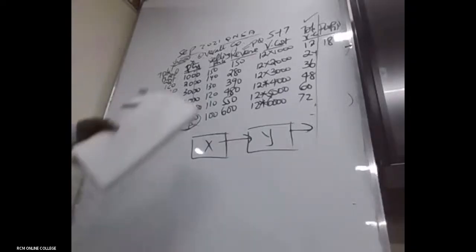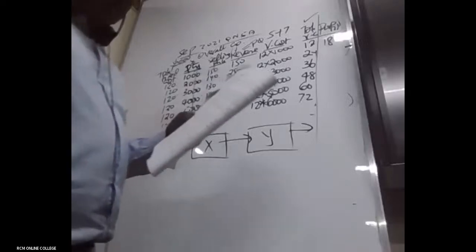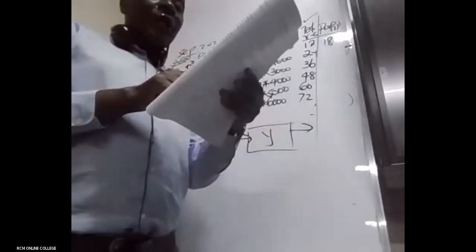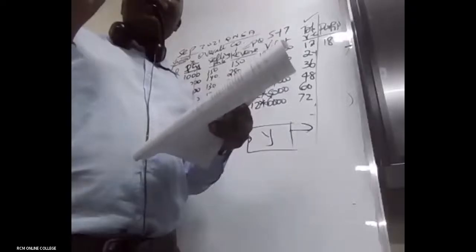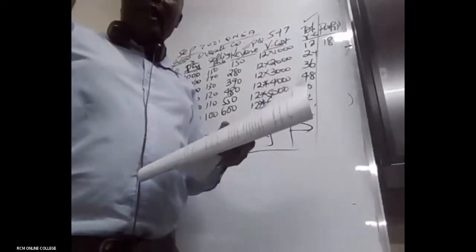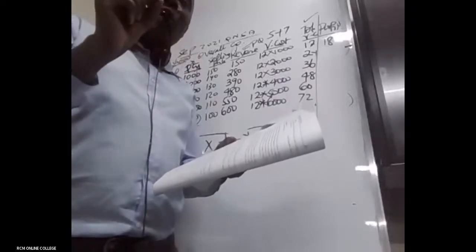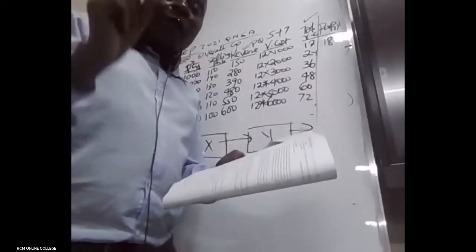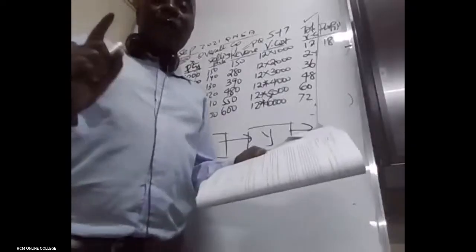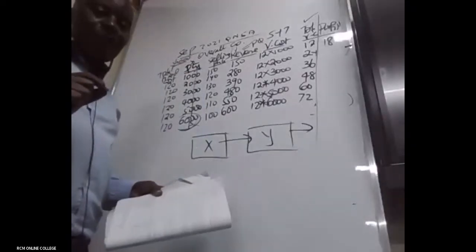Very good, 120 is the fixed cost. We are looking at the fixed cost for the whole company, which will be the fixed cost of division X and the fixed cost of division Y. So you take 50 plus 70. That's how we got 120.